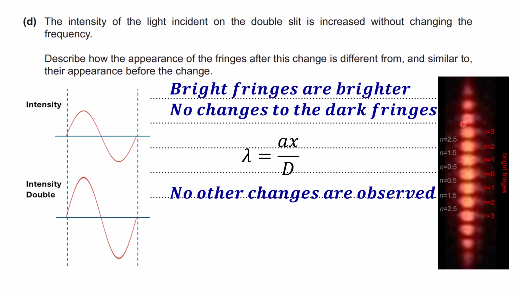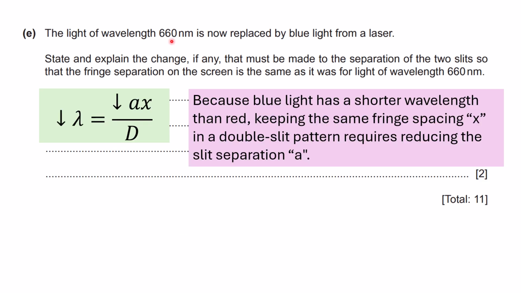You cannot make a dark get darker. And according to this expression here for the double slit, this will not affect any other variable. The distance between the slits and the screen is still the same, the distance between the slits is the same, and the distance between two consecutive brights and two consecutive darks is still the same. So the only thing that changes is that the bright fringes will be brighter because one light is more intense.